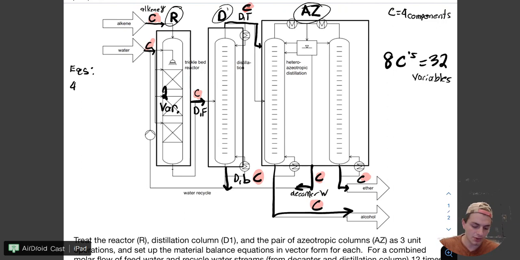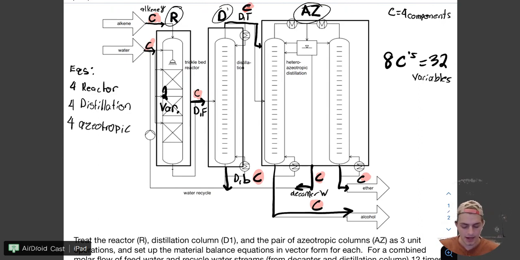We have 4 reactor equations, and then we have 4 equations for the distillation column, and then we should also have 4 equations associated with the azeotropic distillation. And then finally, we are going to have 4 equations associated with the vapor-liquid equilibrium relationships or chemical potential relationships.